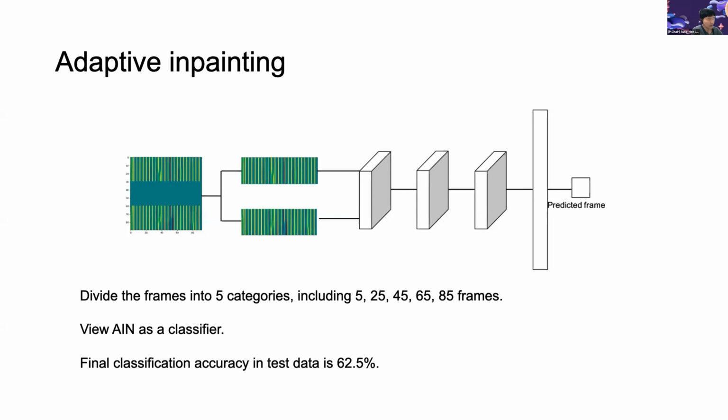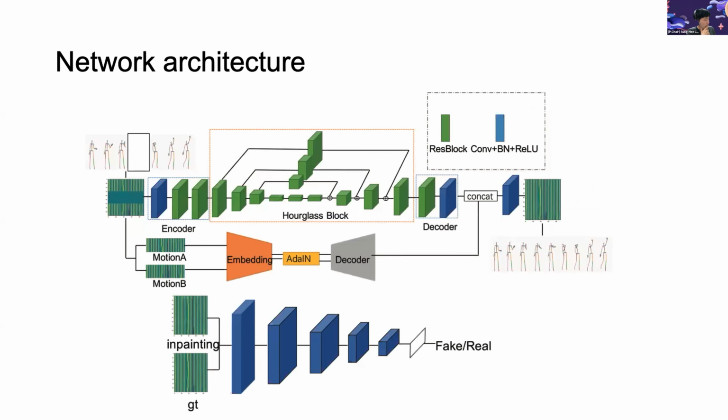Okay, so actually I have another question. In your framework, you use the adaptive instance normalization. I'm wondering what was the effect or benefit of using that module on top of the UNet. You mean this branch? Yeah, right. Yes.